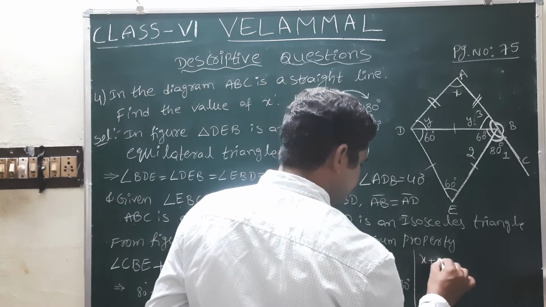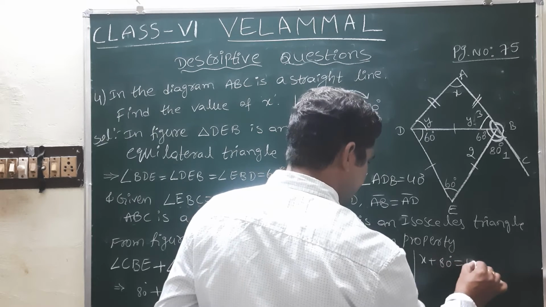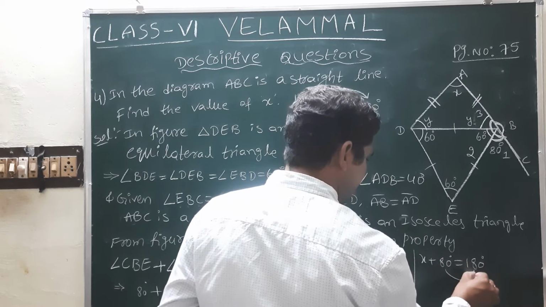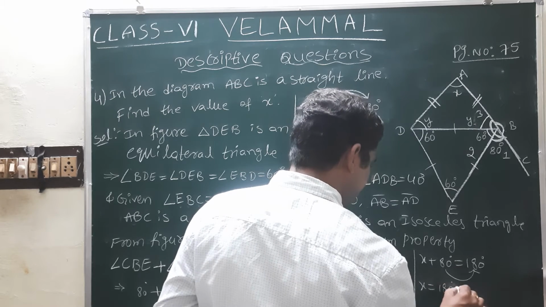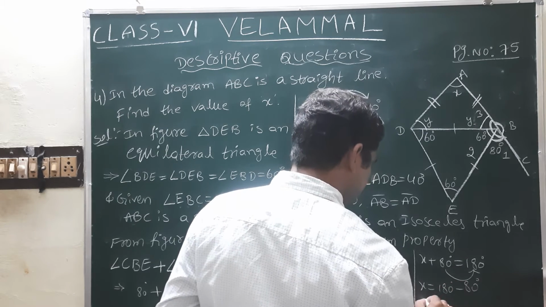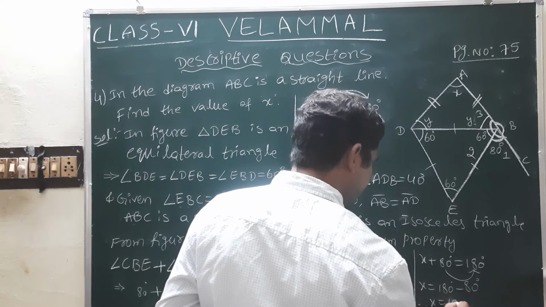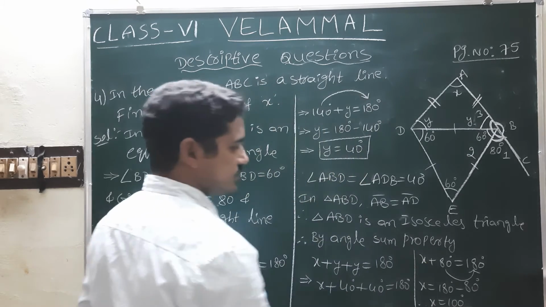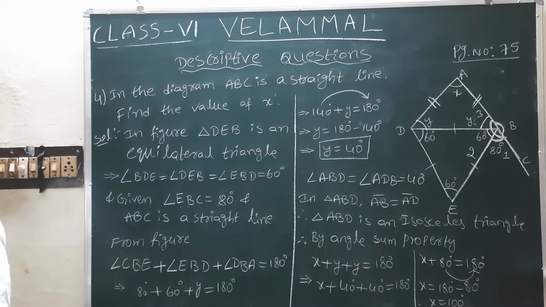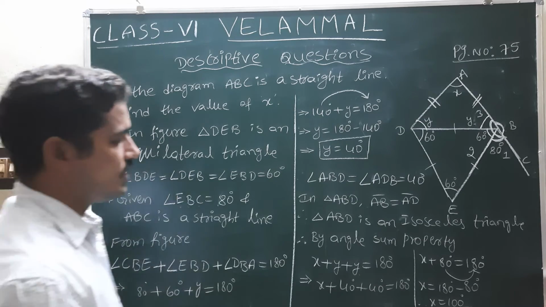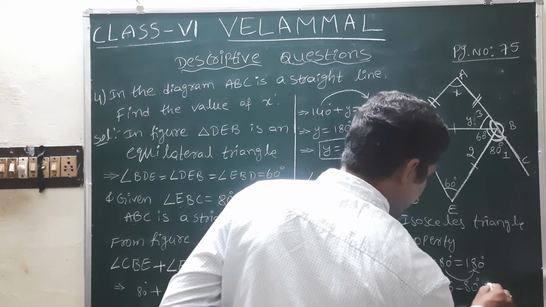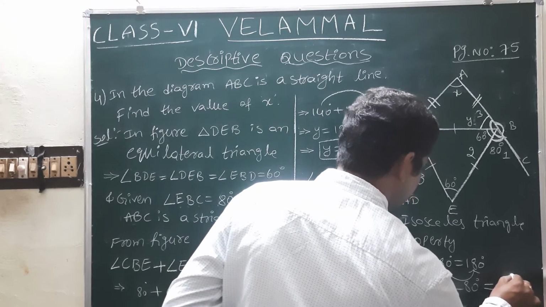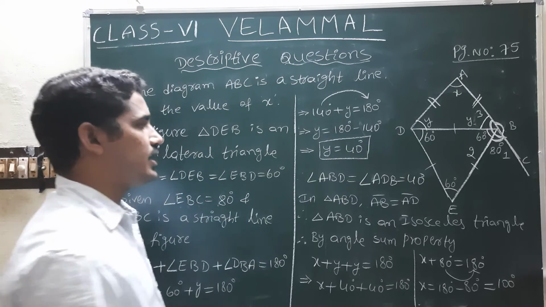So x plus 80 degrees is equal to 180 degrees. Now 80 if we send to this side, then it will be 180 degrees minus 80 degrees. So therefore the x value we will get as 100 degrees.